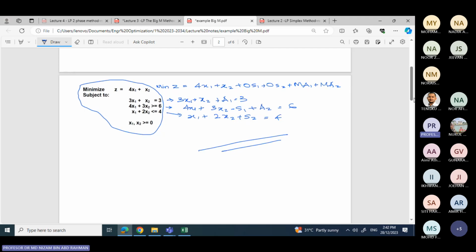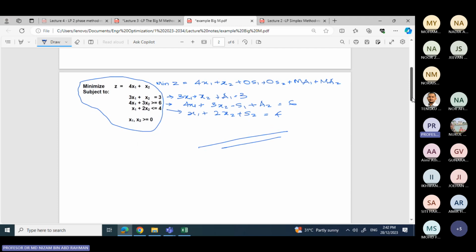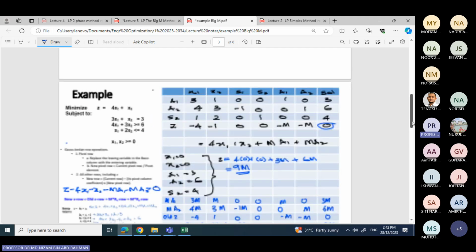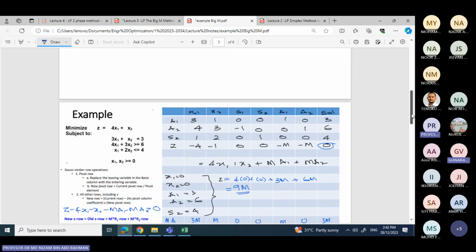Then basically you set a new tableau. I worked it out on my own so that I won't waste much time, but we can go through it, and if you have questions, let me know. Okay? So the tableau becomes x1, x2, s1, s2, a1, a2, and solution.